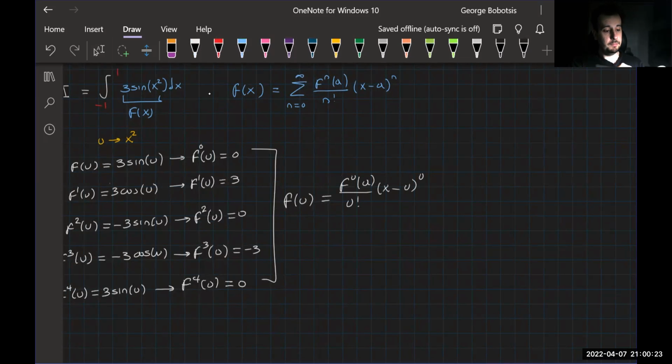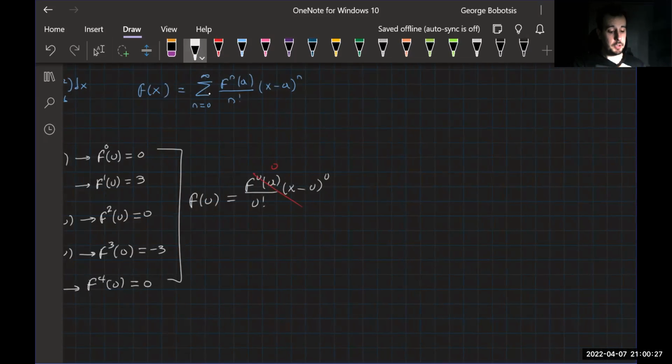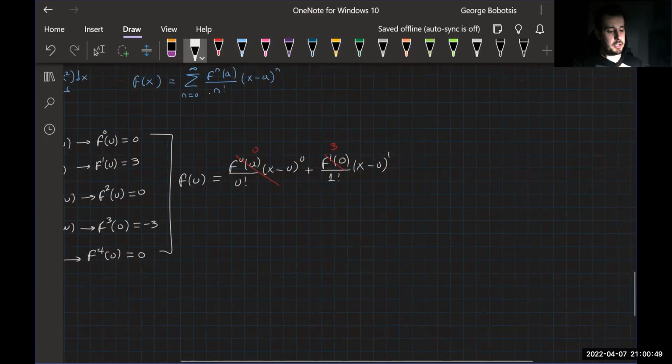So the first term is gone. The second term, f prime at 0 over 1 factorial times x minus 0 to the first, we've proven that this one is 3. And we can continue for the rest of the terms here.